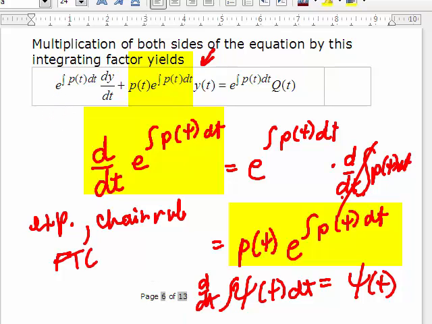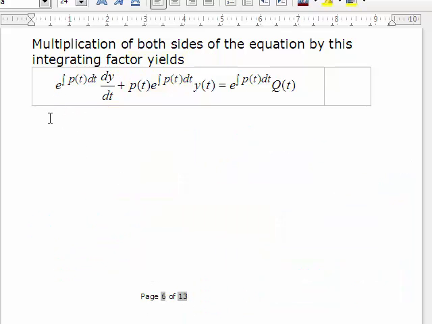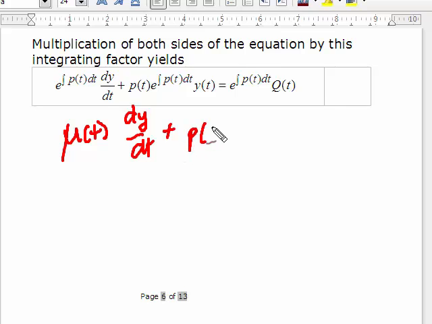So let me write that out a little bit more. Okay, so I have the integrating factor times the derivative plus p of t times the integrating factor times y.